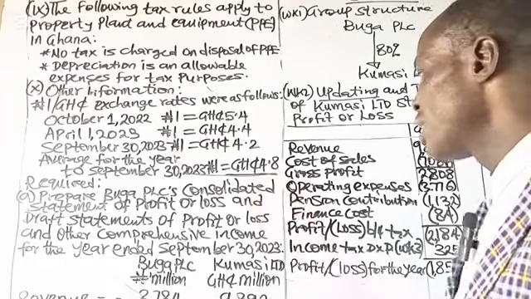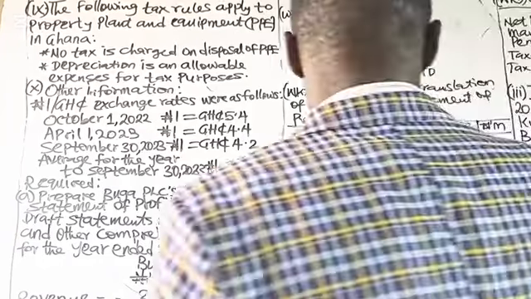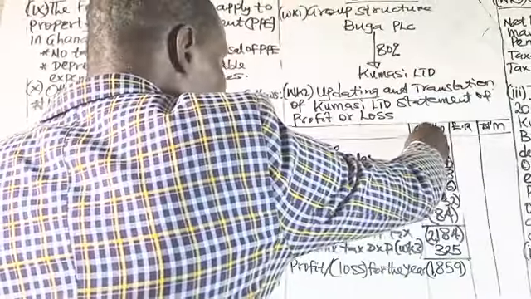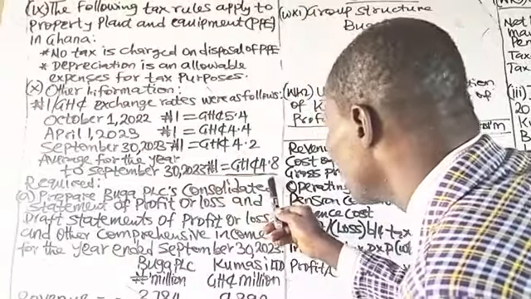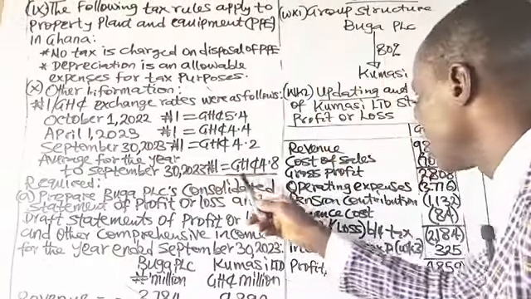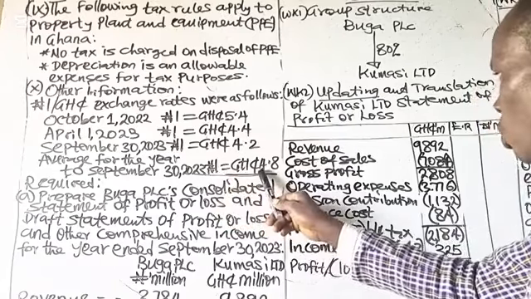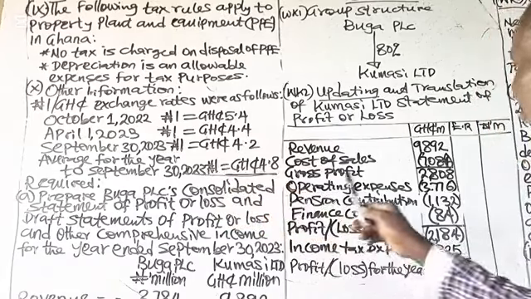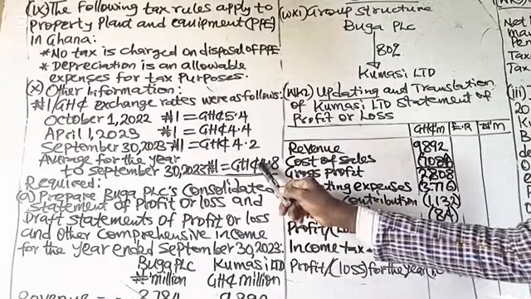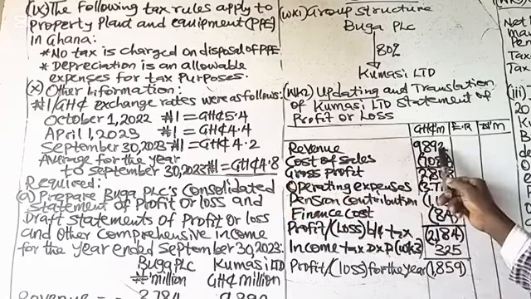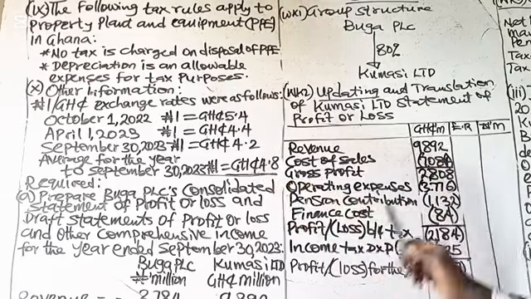So in doing that, it is naira that carries 1, and here, it is Ghana cedis that carries 4.8. If this were 1 Ghana cedis equal to 4.8 Nigerian naira, you would have multiplied. But since cedis is not the one that owns 1, and cedis is what we want to translate, you divide.